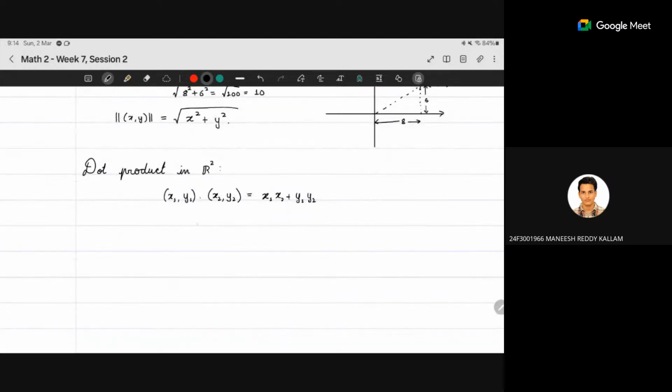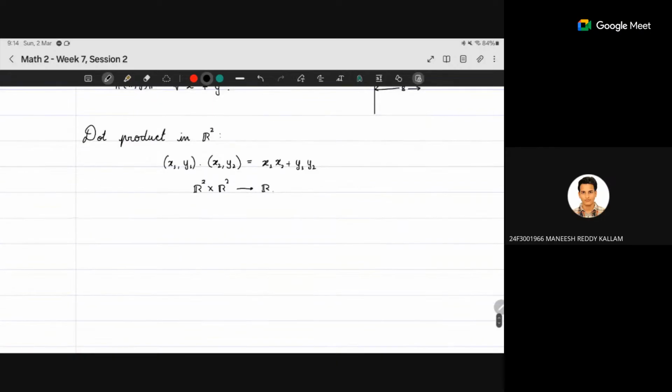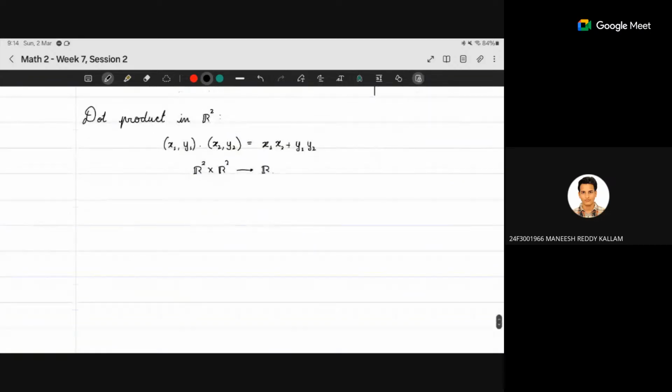Now this is a map from R2 cross R2 to R, right? You're given two vectors in R2 and the output is a real number. And what happens if you do (x, y) dot (x, y)?